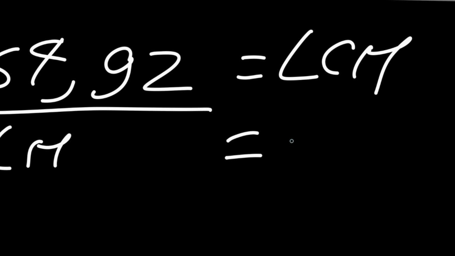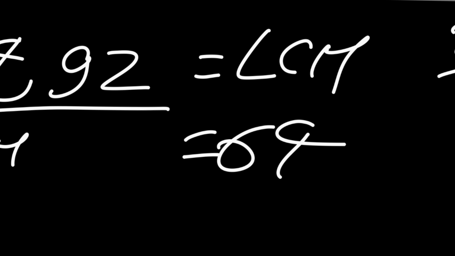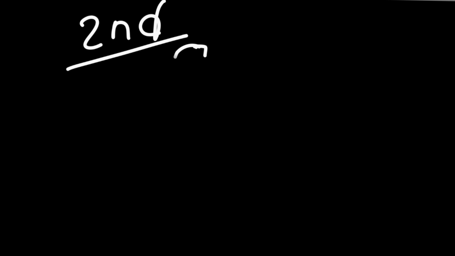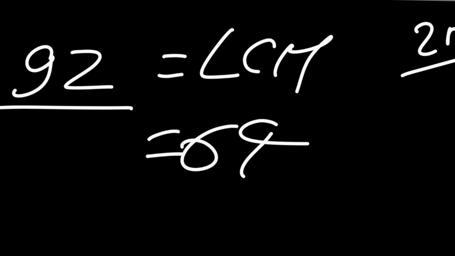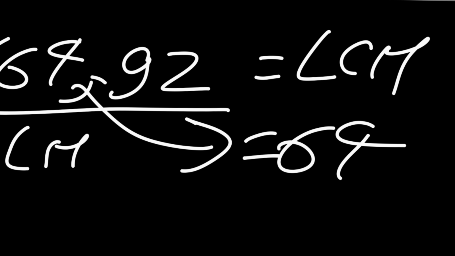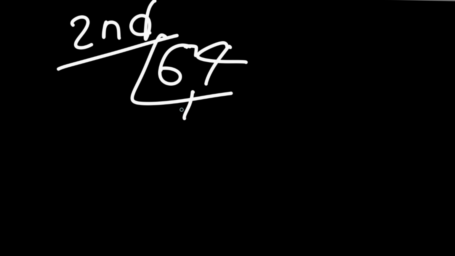For those people who find the division method harder, the second method is easier. For example, let's say the number 64 here, which is also the LCM here. If you see here, just breaking down is easier for some people.